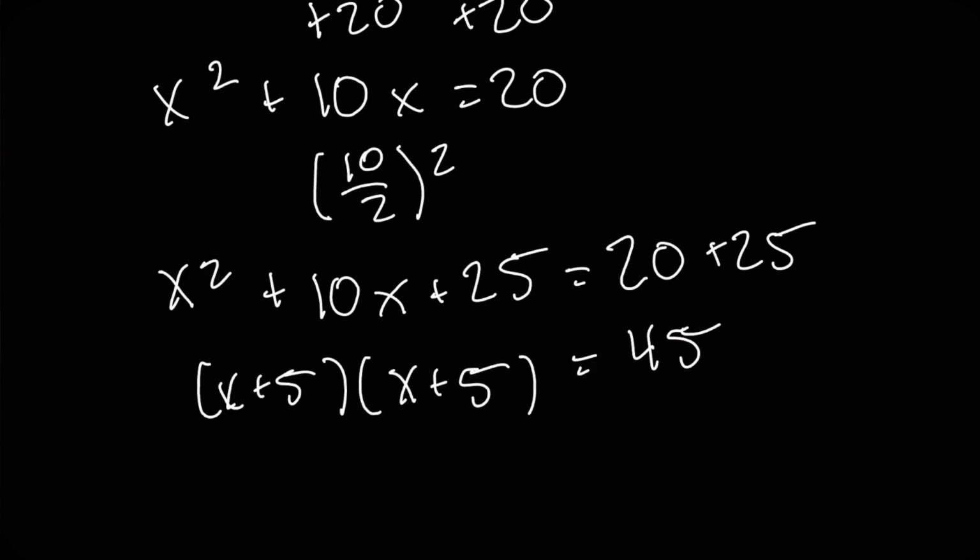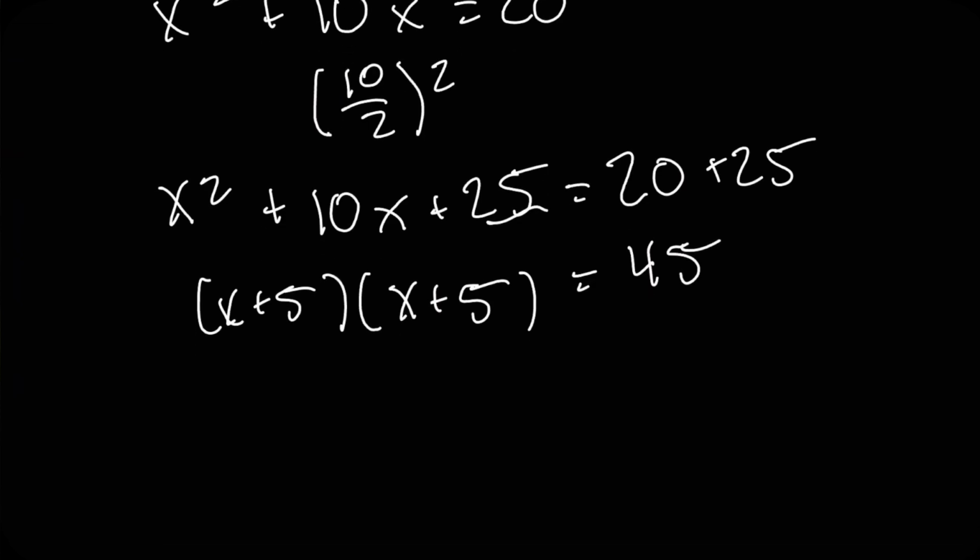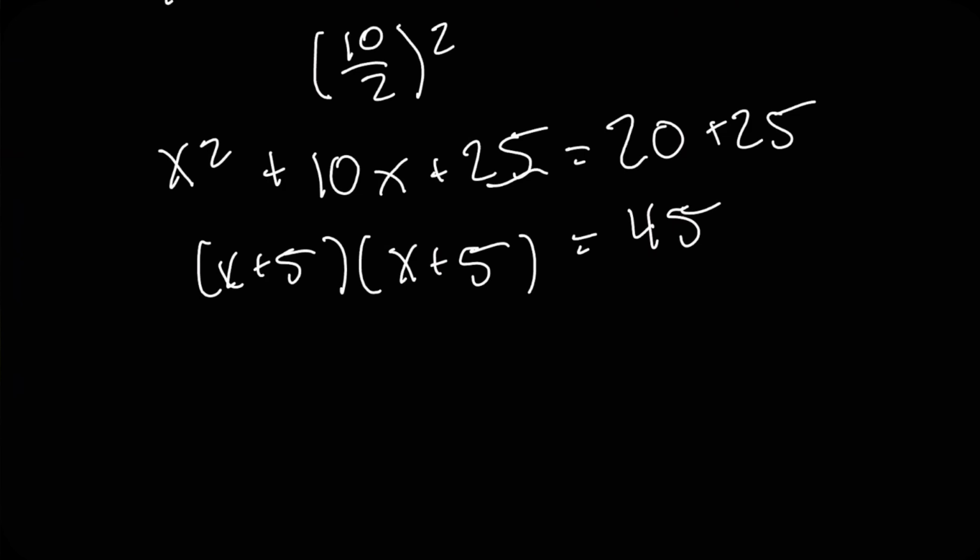Essentially, this is just factoring x squared plus 10x plus 25. You want two numbers that multiply to 25, and then when added together will give us the 10. So now we can go ahead and further reduce this. x plus 5 times x plus 5, that's really just x plus 5 squared equal to 45.